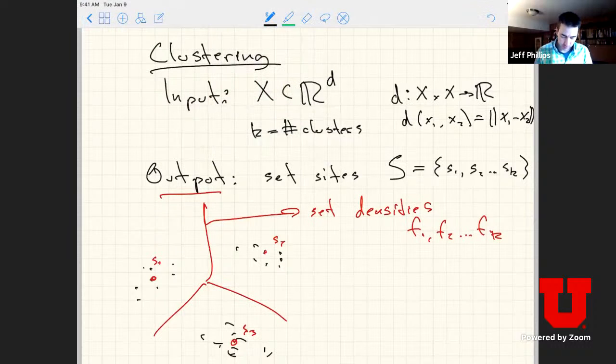Correspondingly, this will be X1, X2, X3, which will be our clusters, the output.